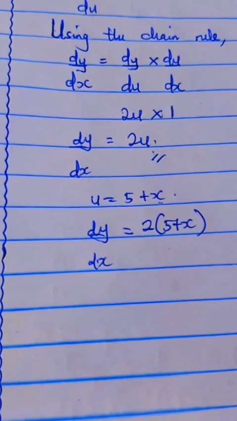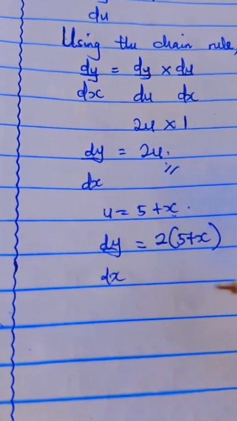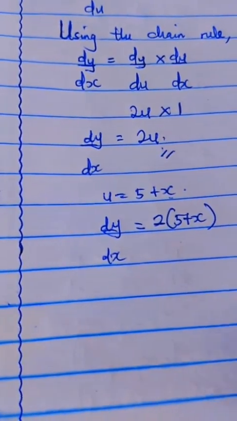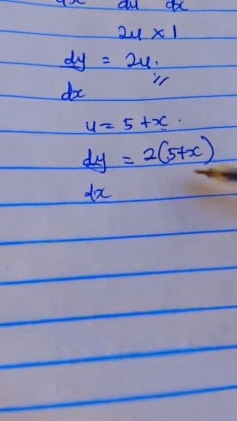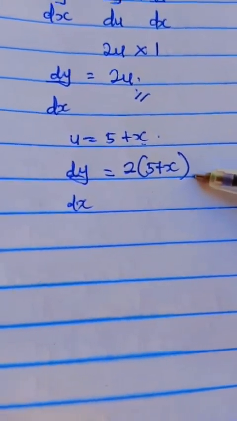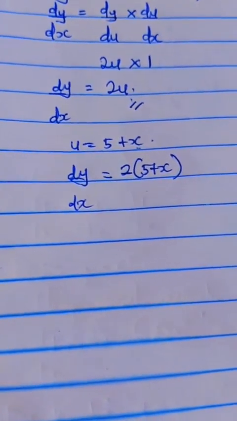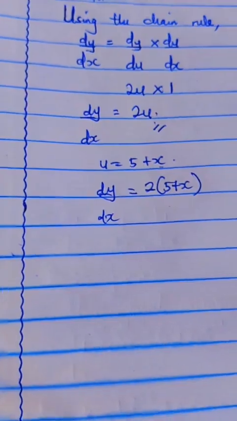We're differentiating y and x, so we cannot have a different term here, which is u, so we had to express u back in terms of x. Now we have dy over dx equals 2 into 5 plus x. So this is simply the concept of the chain rule differentiation method.